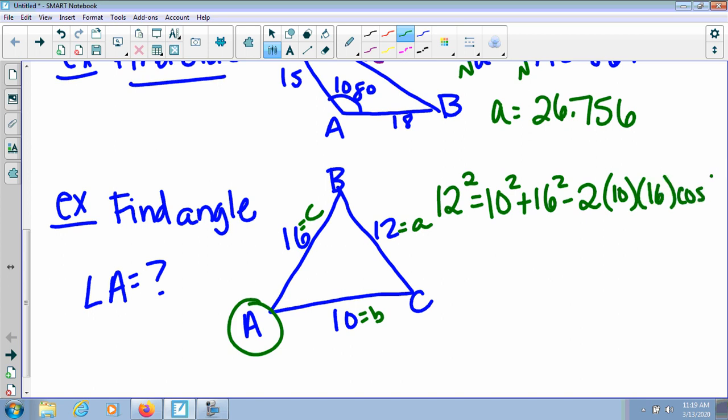cosine of A. This is where some people get a little bit confused. They try to divide by all of this, but you have to go one at a time in order to figure out what this is. If you're starting out, you need to first do 12 squared minus 10 squared, and then you can also subtract 16 squared. That's going to equal this stuff.